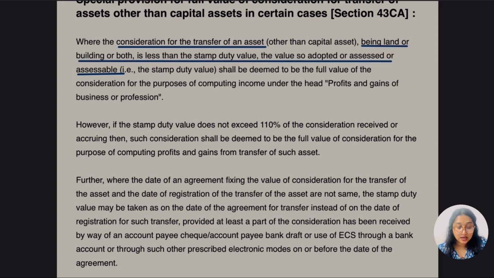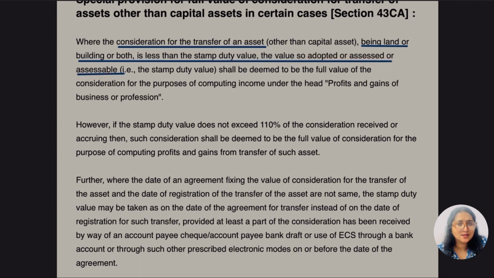Let me read it again. Where the value of land, building or both, is less than the stamp duty value, then what is going to be the value which we are going to take? This is a basic question which used to arise. So this is the answer: the value so adopted or assessed or assessable, that is the stamp duty value.